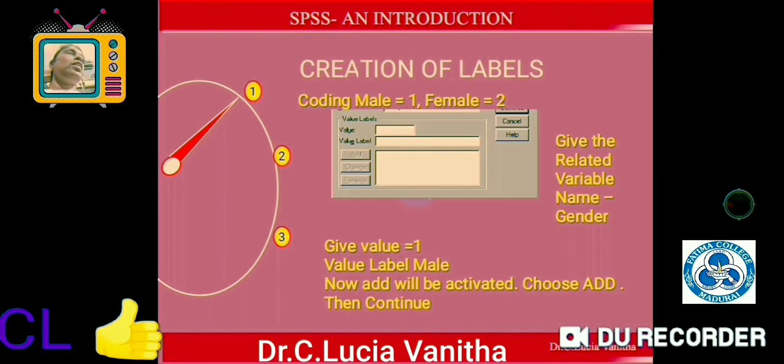If you have to add one more, you give continue. Then again for female you give value 2, value label female, and click add. Only when you click add, automatically this will be added in the box. Then after that you give continue.